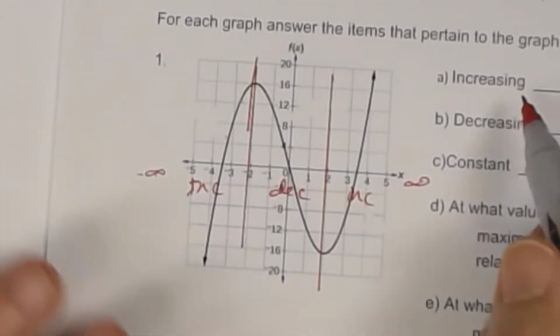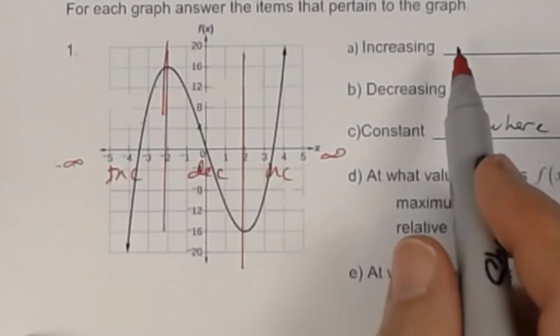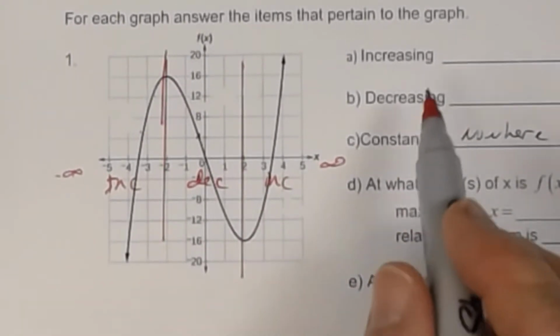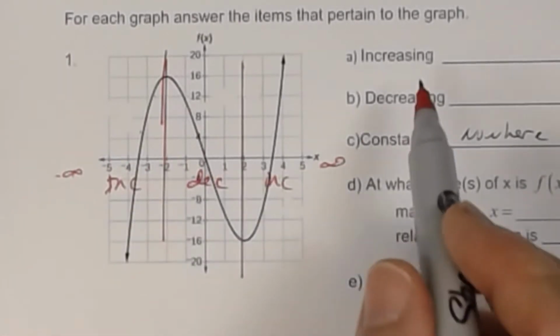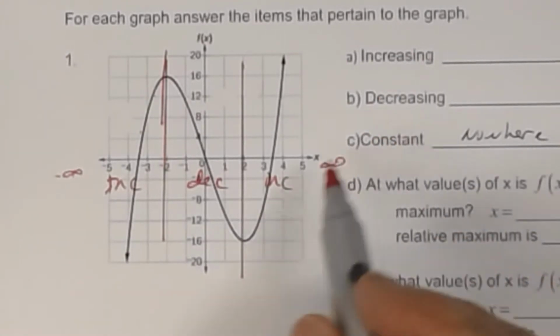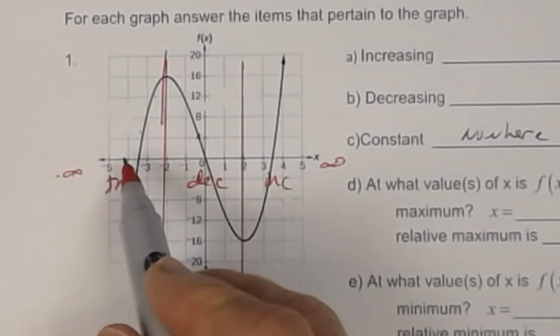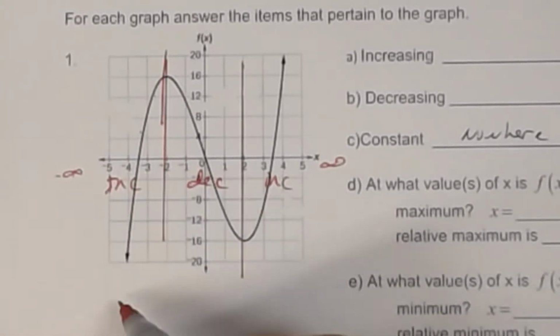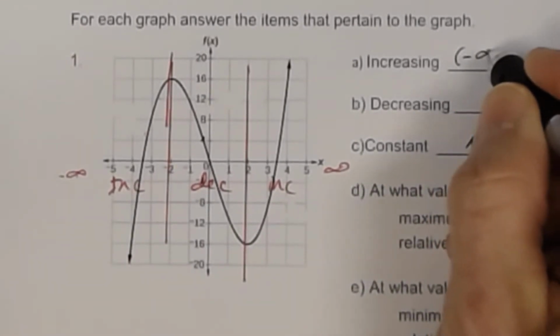So when you answer increasing, decreasing, or constant, you're going to use intervals, and the interval will be based on your x-axis. What's happening to the y values in that part of the domain? From negative infinity to -2, my y values are increasing, so you're going to say negative infinity to -2.